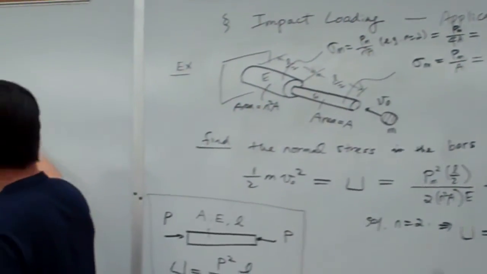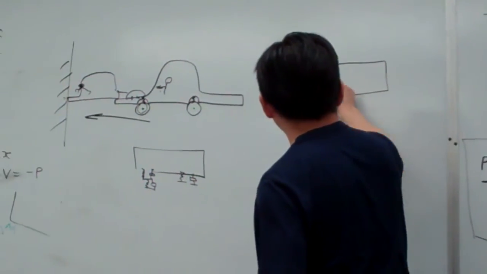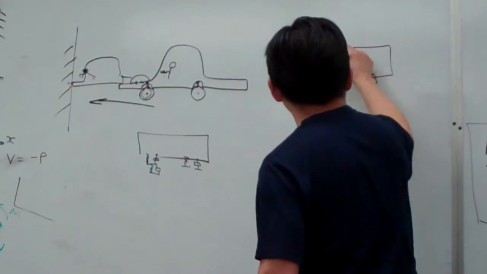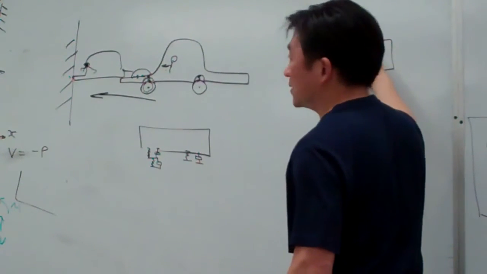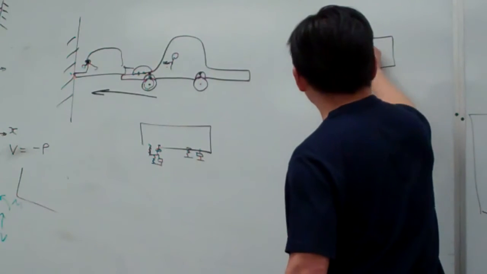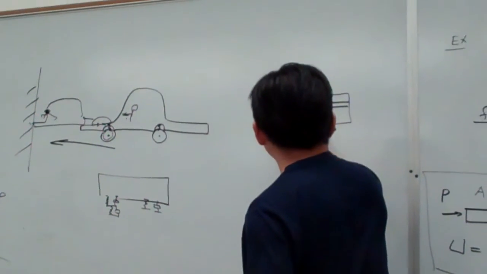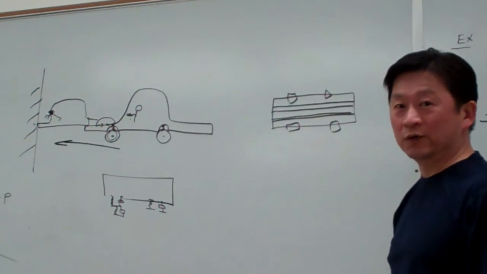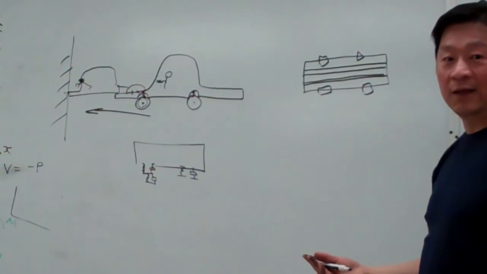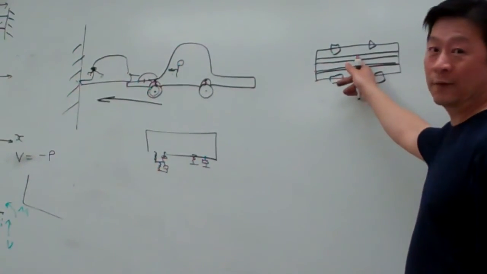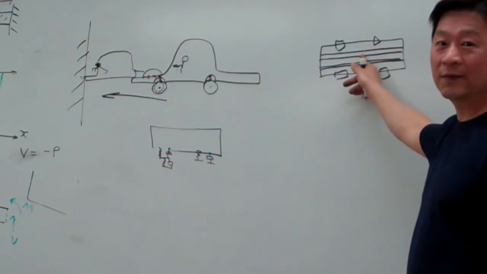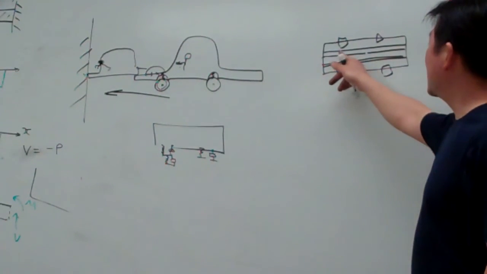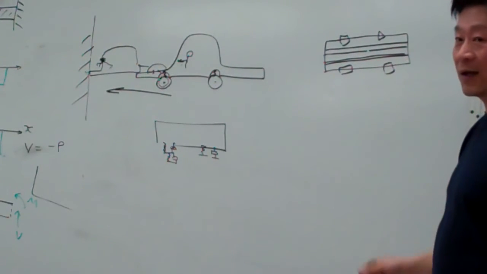Very likely, if we look at the top view, this is a car, this is a wheel. Have you seen the bottom of the car, the car bed? Basically they make it of one or two beams. The beam supports all these things, and this beam must be strong, depending on the model. In addition to the engine, they take up a lot of the weight.